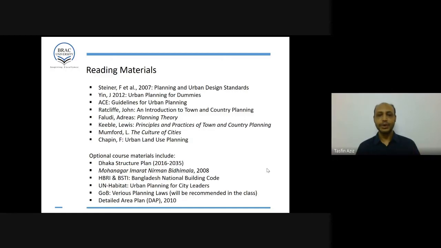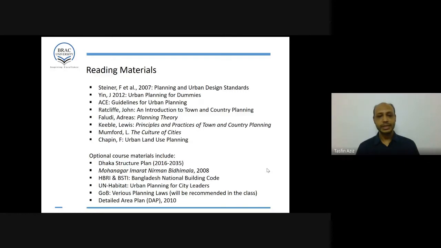And beyond these books, we'll be consulting different planning documents. For example, Dhaka Structure Plan 2016 to 2035. Sometimes we'll be consulting Mahanagar Imarat Nirman Vidhimala, which came to light in 2008.